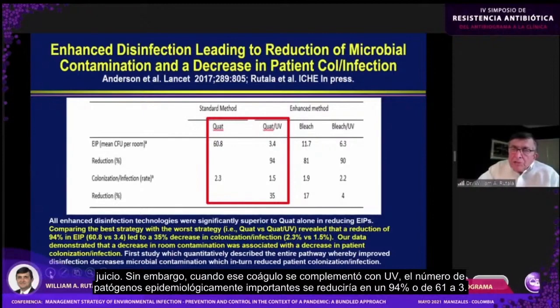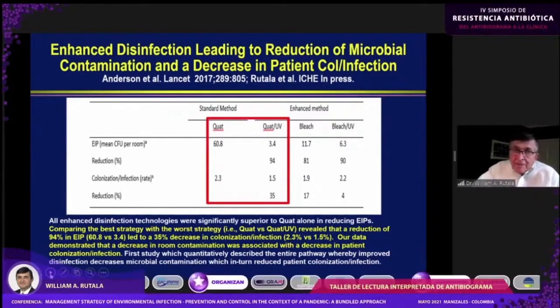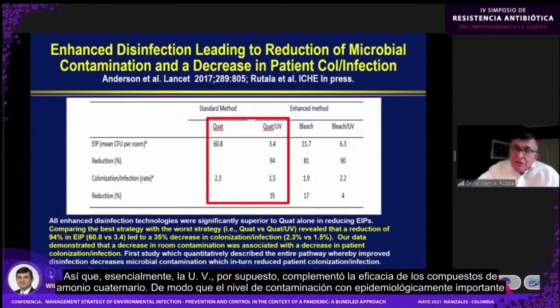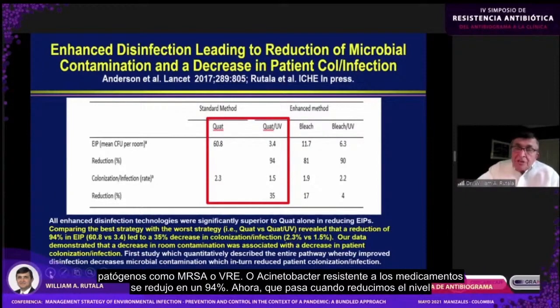However, when that quat was supplemented by UV, the number of epidemiologically important pathogens was reduced by 94%, down from 61 to 3. So essentially, the UV supplemented the effectiveness of quaternary ammonium compounds. The level of contamination with epidemiologically important pathogens like MRSA or VRE or drug-resistant Acinetobacter was reduced by 94%.